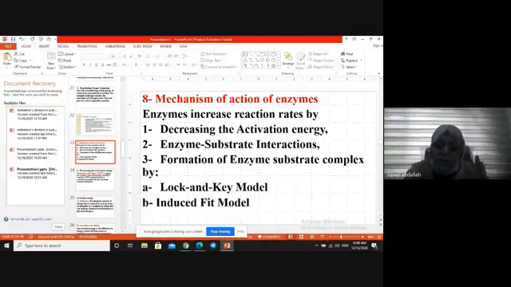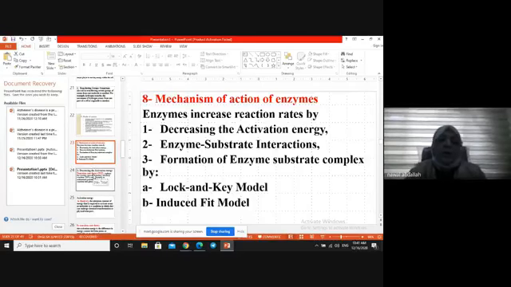There are two models used to explain the mechanism of action of enzymes: the lock and key model and the induced fit model.